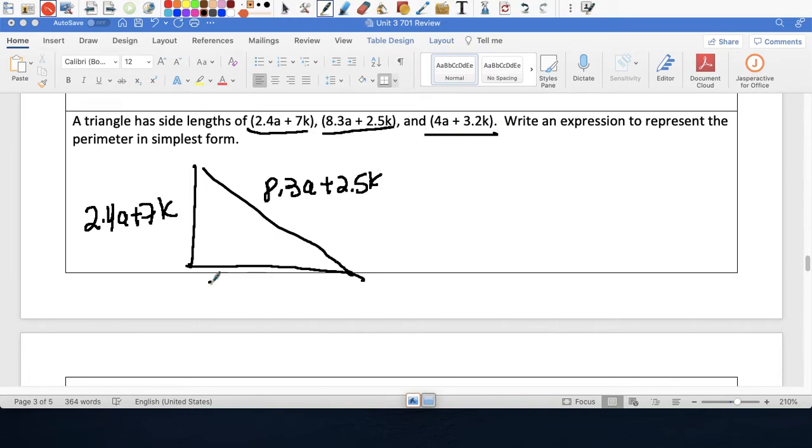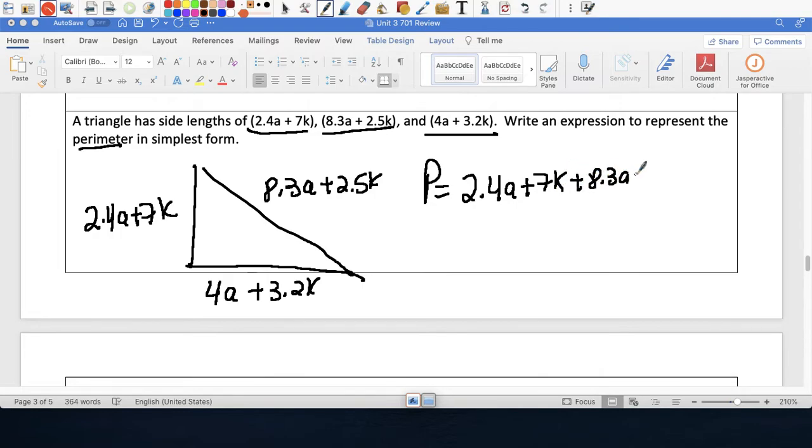And the last one is 4a plus 3.2k. So we want, again, the perimeter. Perimeter is when we add all the sides. So let's add them up. 2.4a plus 7k plus 8.3a plus 2.5k plus 4a plus 3.2k.